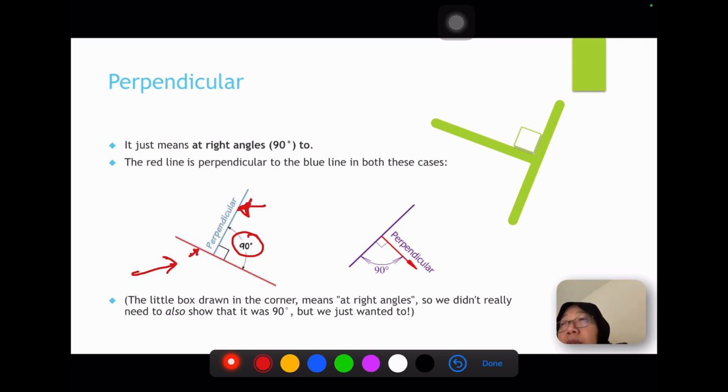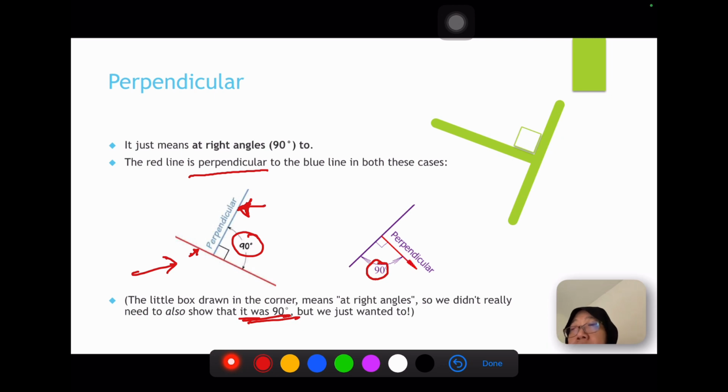The second one here is the same as well, where you see 90 degrees. So perpendicular is when the angle is actually 90 degrees.